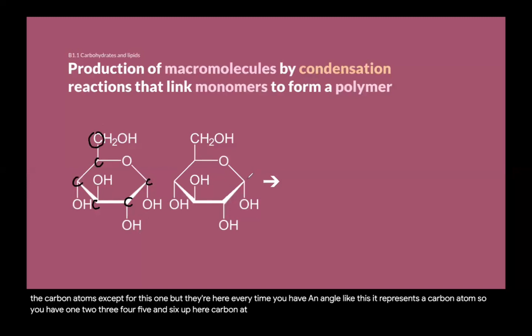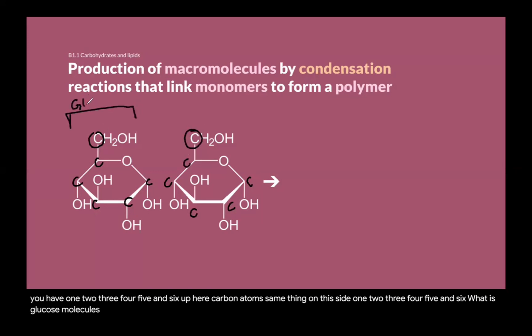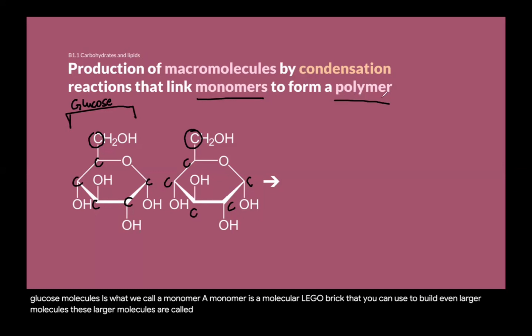Carbon atoms, same thing on this side, 1, 2, 3, 4, 5, and 6. So each of these glucose molecules is what we call a monomer. A monomer is a molecular Lego brick that you can use to build even larger molecules. These larger molecules are called polymers.